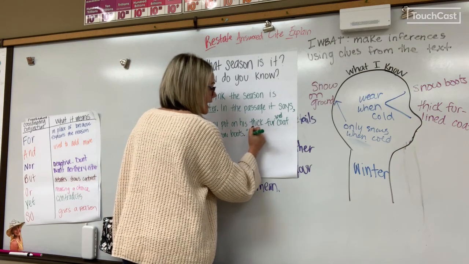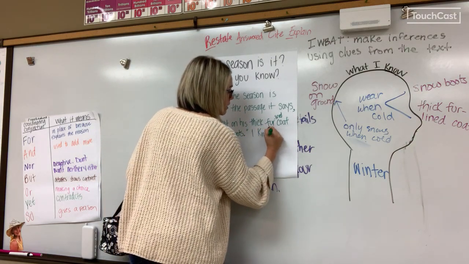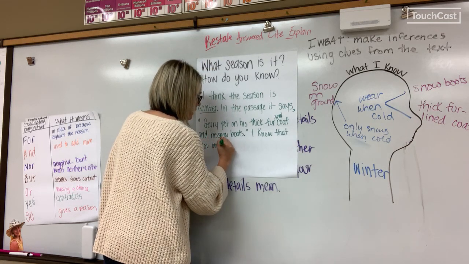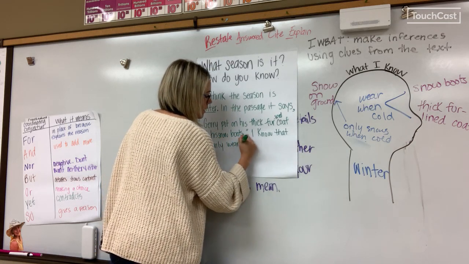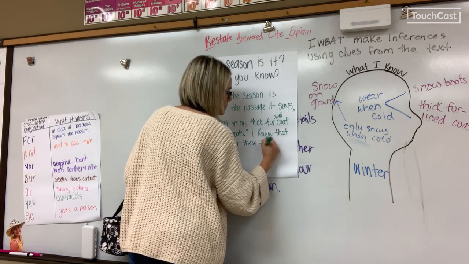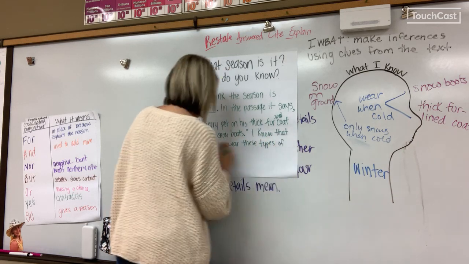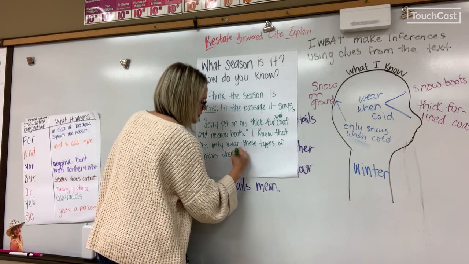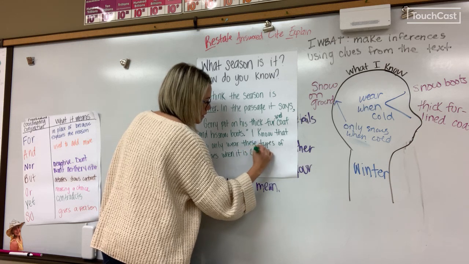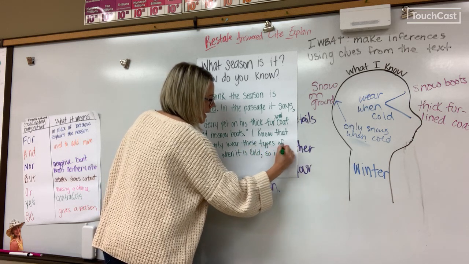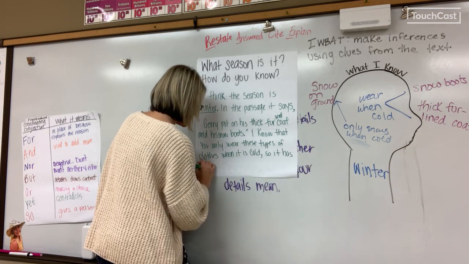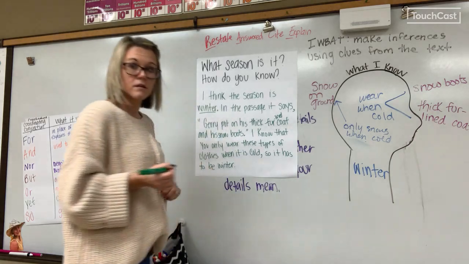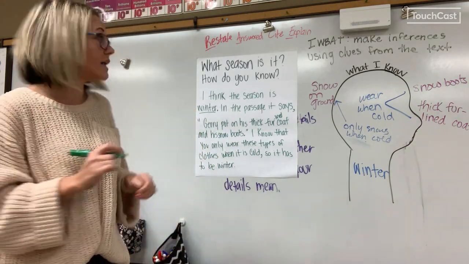So I would say, I know that you only wear these types of clothes when it is cold, comma, so it has to be winter. All right, so that was my explain.